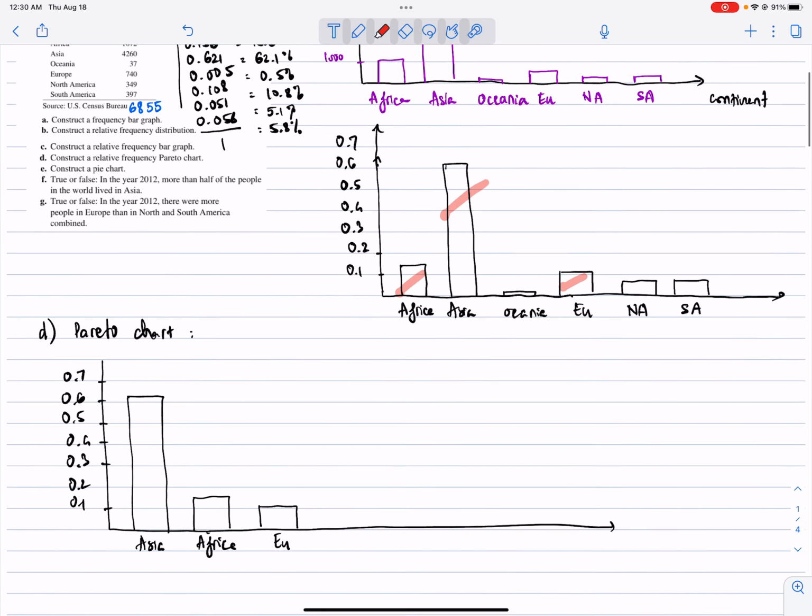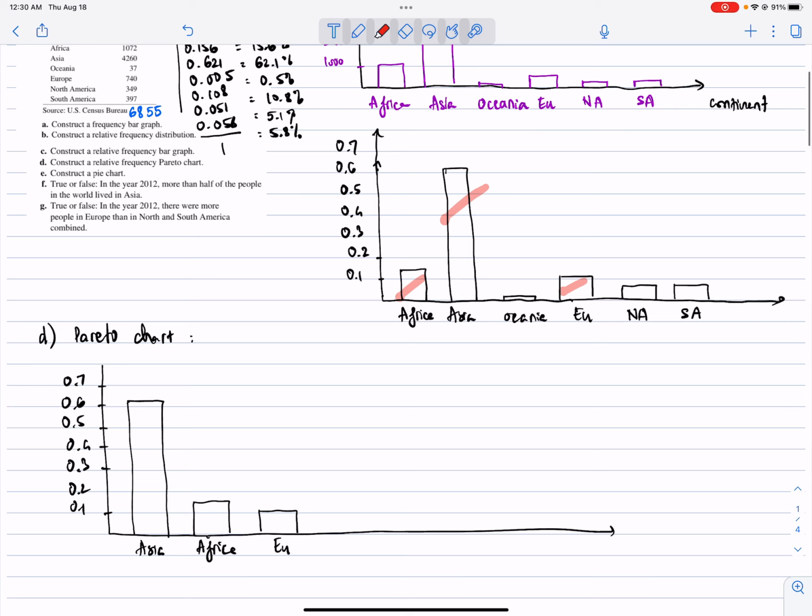The next one is South America. And then North America, a little lower than South America. And then the last one is the little one, Oceania.